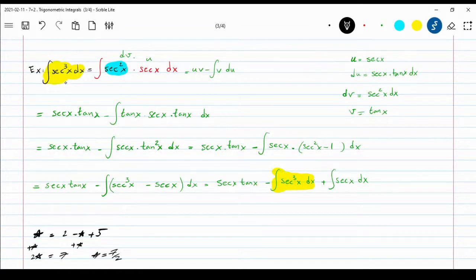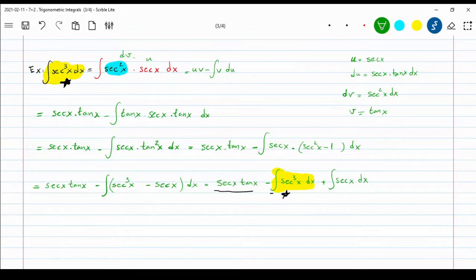What you see here is, if I call this star, you see exactly star equals some term minus star plus some other term, exactly similar to this idea. So what you can do is try to figure out that integral by itself by moving it to the other side. So I'm going to write this equality down here just to make sure that everyone follows.